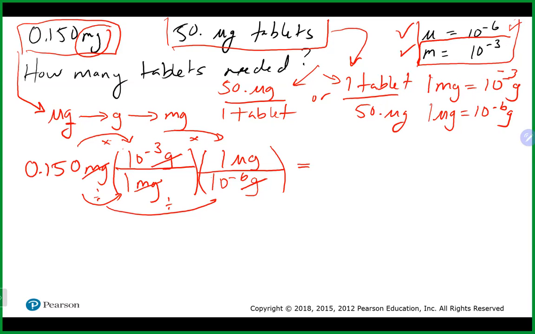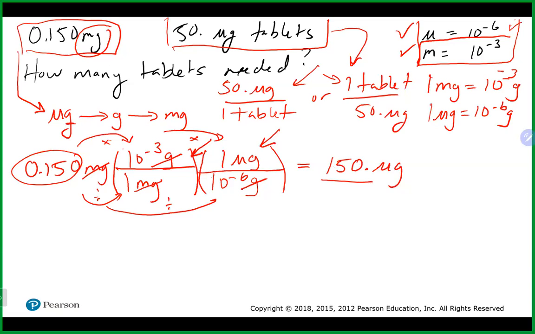We'll go 0.15 times 1 times 10 to the minus 3, making sure you use your exponent button, dividing by 1 times 10 to the negative 6 gives me 150 microgram doses needed. This technically is an exact number, so is this, which means this one has 3.